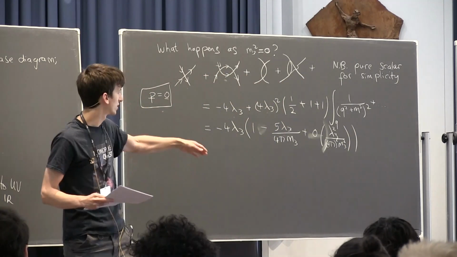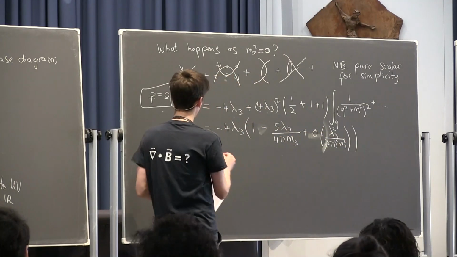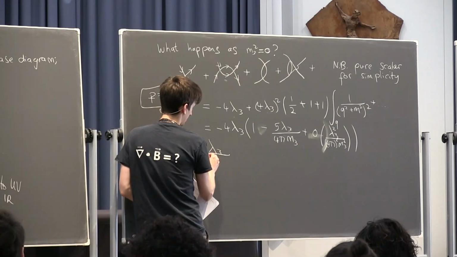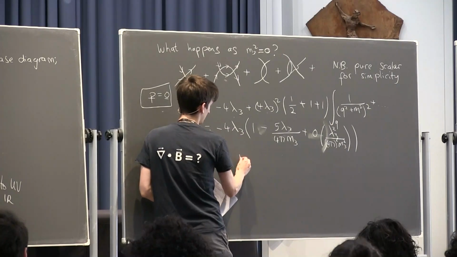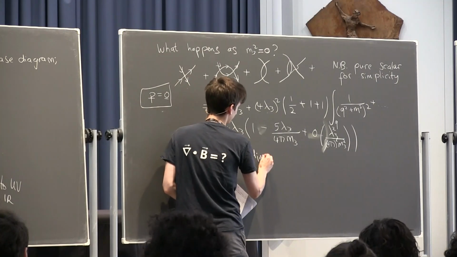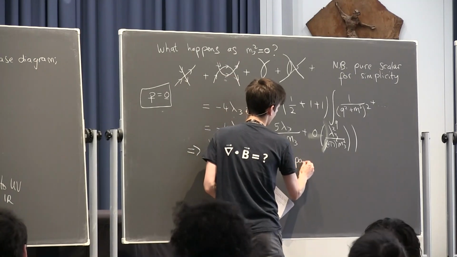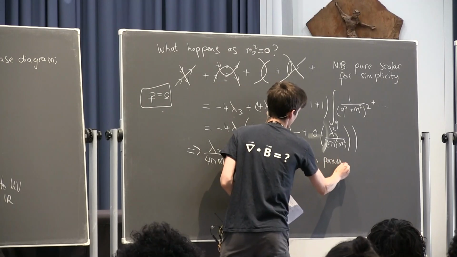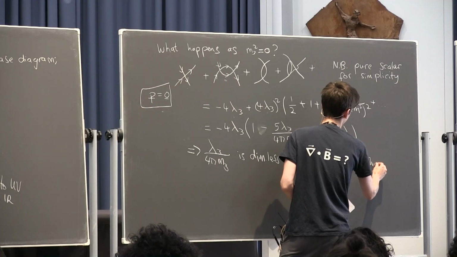And for each loop, I'm just going to get this factor again with this ratio of couplings to masses. So what I find is that lambda 3 on 4 pi m3 is the dimensionless expansion parameter within the EFT.